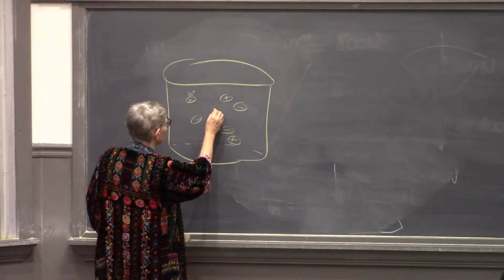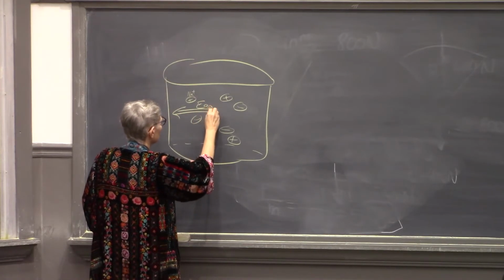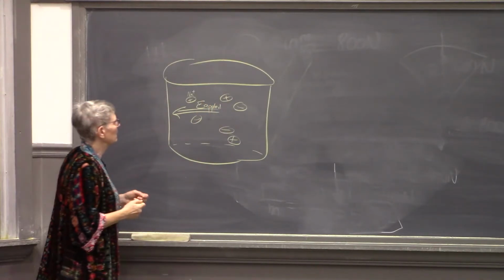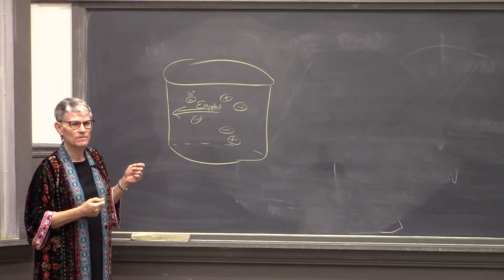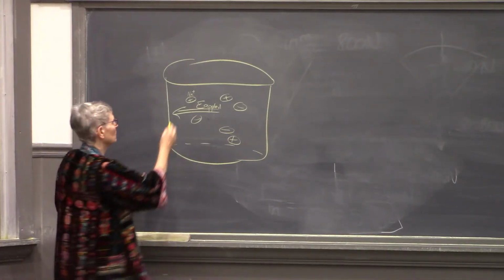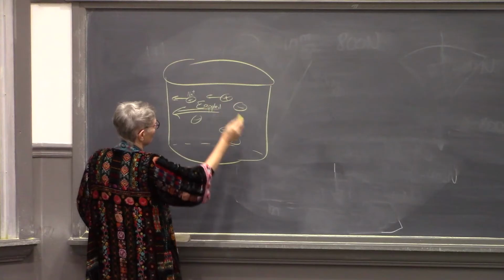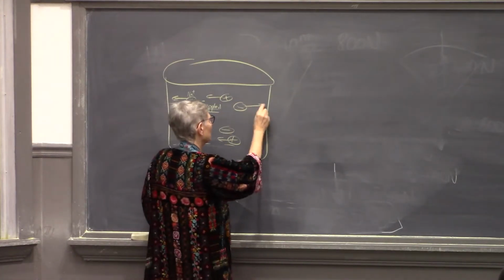If we have an electric field, we'll call this the applied electric field. Which direction will the sodium ions move? In the direction of the field, right? And which direction will the chloride ions? The other way.